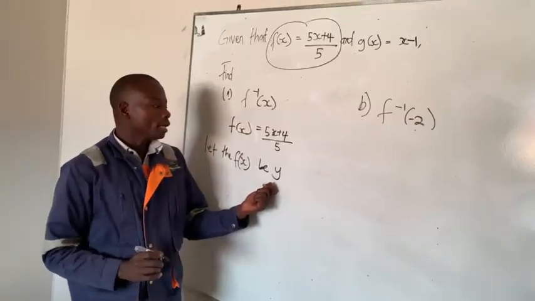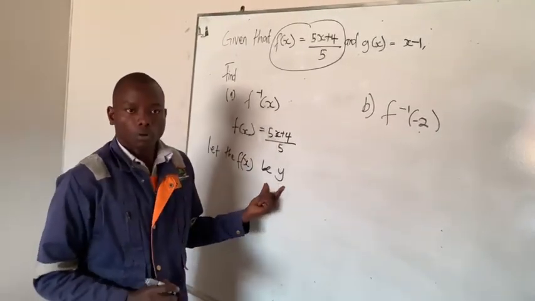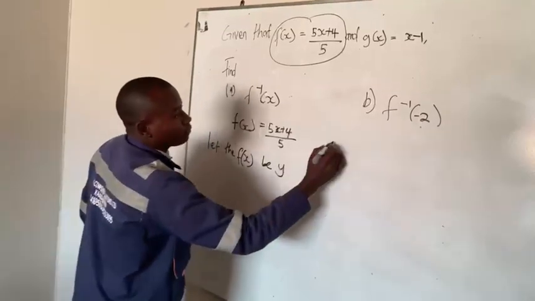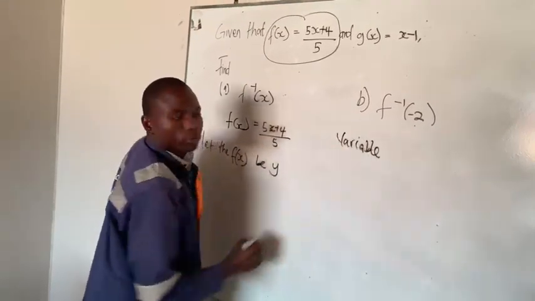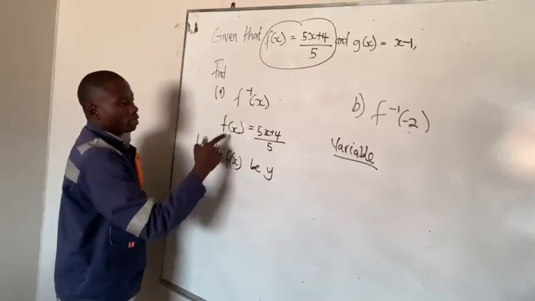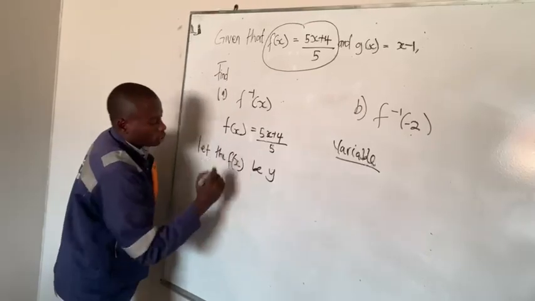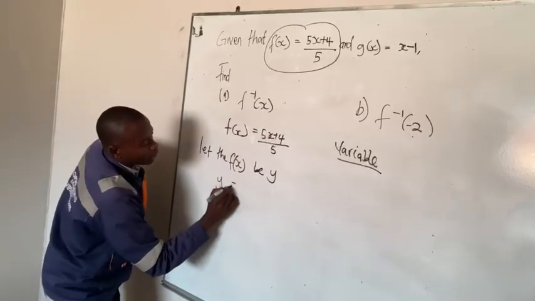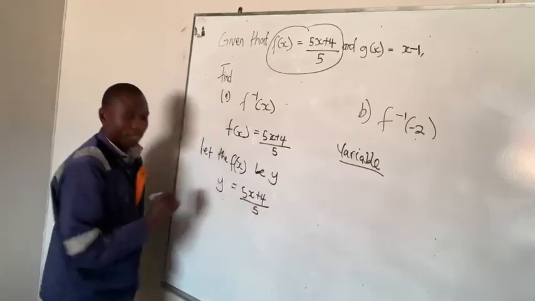Remember, any unknown is called a variable. So I'm going to let y be f(x), equal to this. Therefore we'll have y giving me (5x plus 4) over 5.